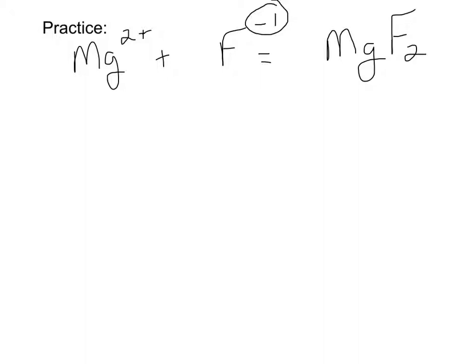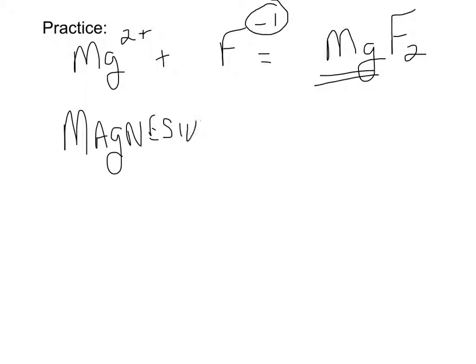Now, the main thing that we want to work on here is that the main metal, the name stays the same. It is in a capital letter, so we'll write magnesium. Now the second element, which is fluorine here, we do not have to tell how many there are because it has only one type of charge, as we can see.